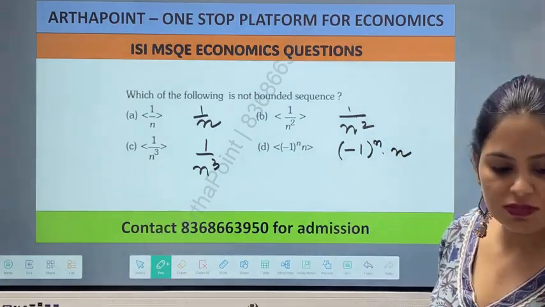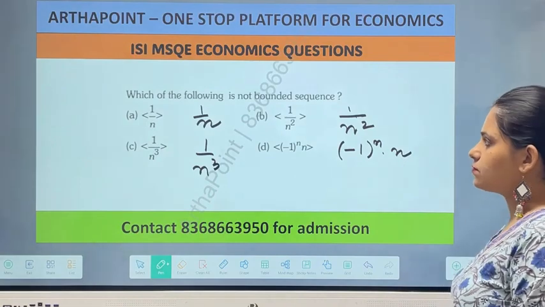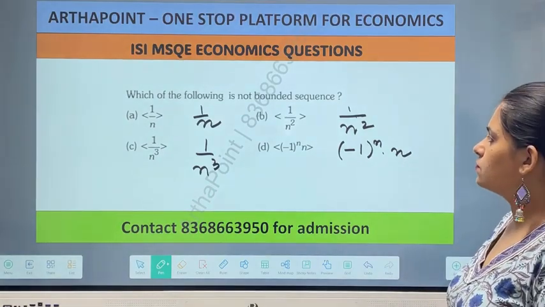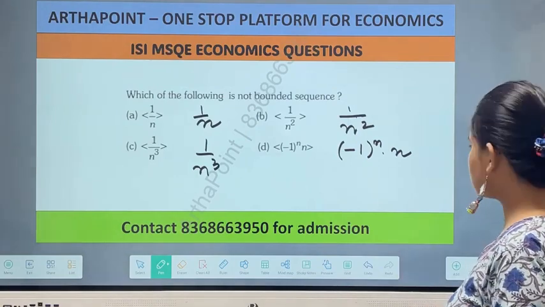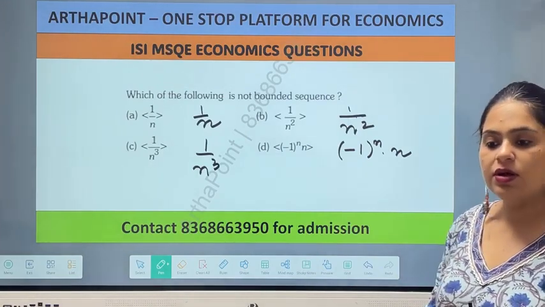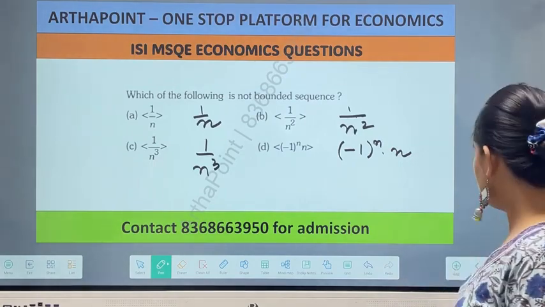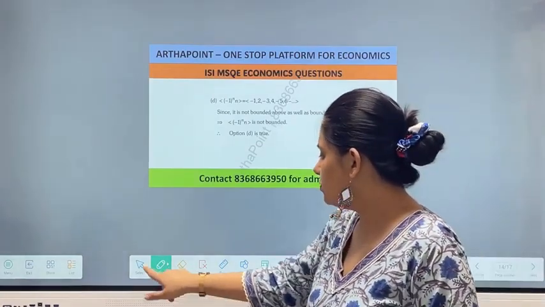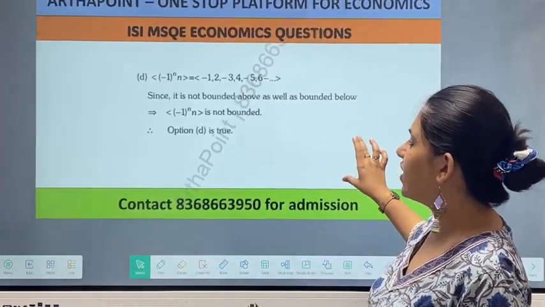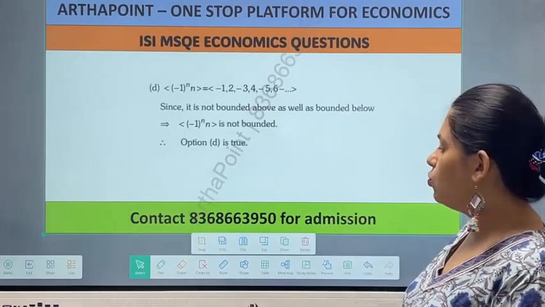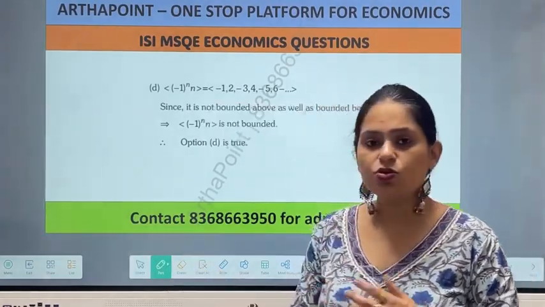Okay, beta? You're saying B. Let's see. Let me take this with you together. So look at the D part. You're right. But simply try to use the method of elimination sometimes. So look here: minus 1 to the power n into n. Put n is equal to 1.